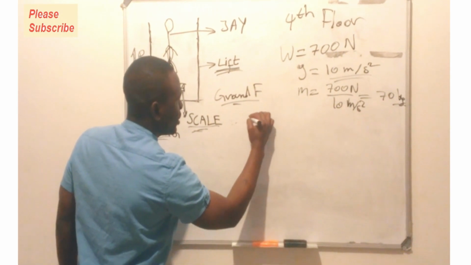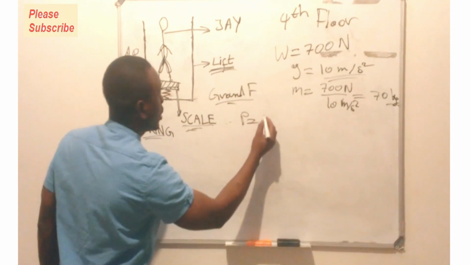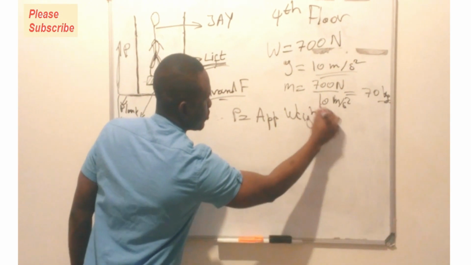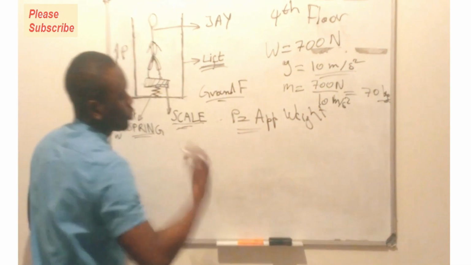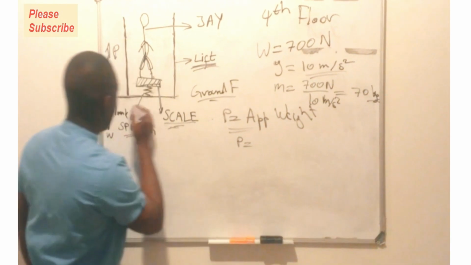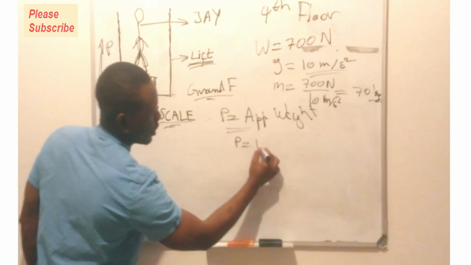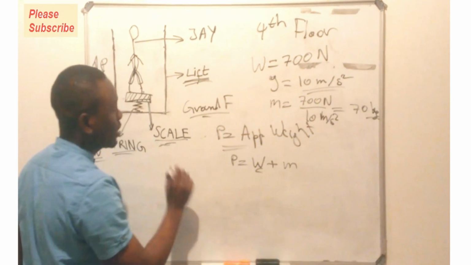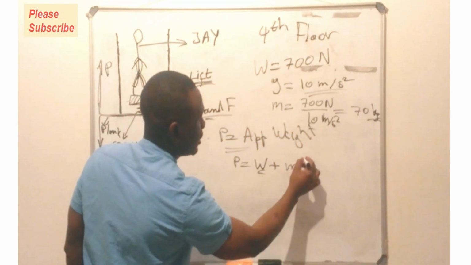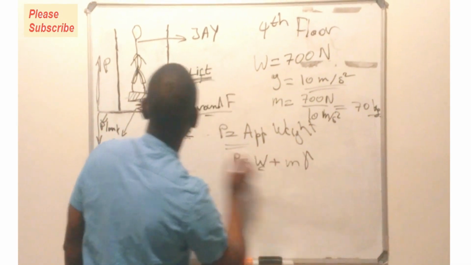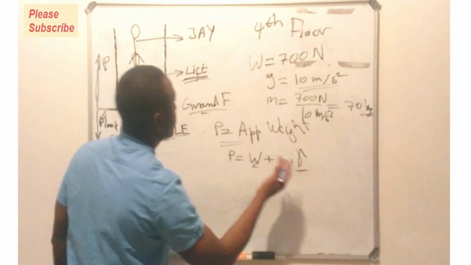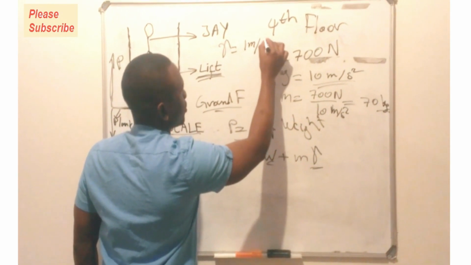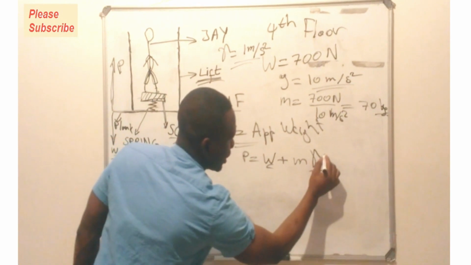So P, as the apparent weight, is equal to the weight of J plus the mass of J multiplied by the acceleration of the lift going up, which is considered to be 1 meter per second squared.